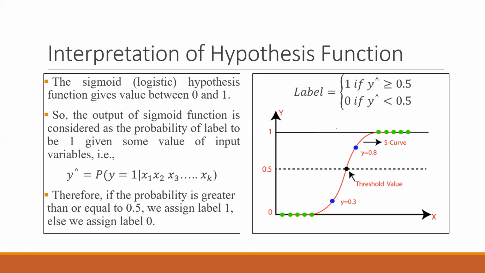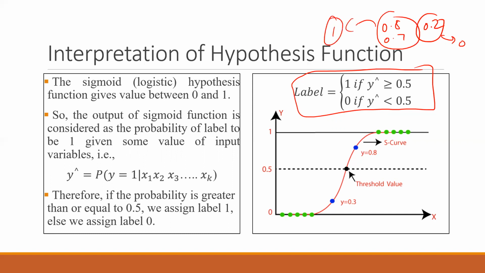Whatever your sigmoid curve gives, let's say it gives 0.8 or 0.7 or 0.2, all of them will be labeled according to this rule: if it is less than 0.5, it will be rounded off to 0, and if it is greater than 0.5, it will be rounded off to 1. So binary classification can be done easily by using this function.